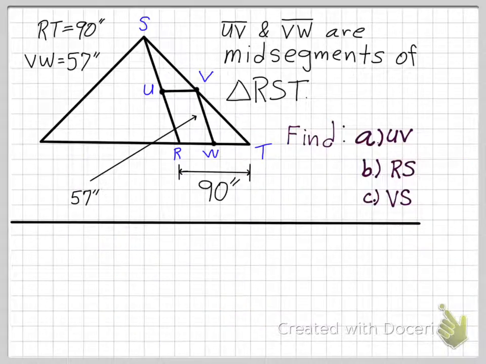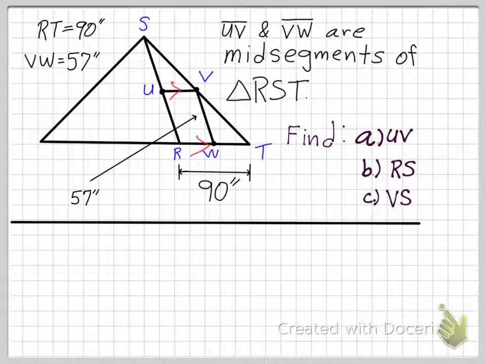In this case, please draw this figure down. UV and VW are mid-segments of triangle RST. Line segment RT is 90 inches, VW is 57 inches, and it's our job to find the length of UV, the length of RS, and the length of VS. First of all, UV is a mid-segment, so it must be parallel to RT.